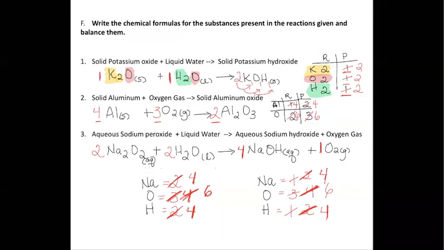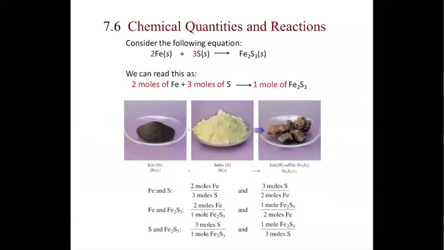Excellent. Since there are no questions, now that we know how to determine reactions, we know how to balance them, we know how to classify them, let's look at the concept of chemical quantities in reactions, okay? So as you can see here, we have a reaction that establishes that we have iron combining or reacting with sulfur, making iron 3 sulfide.